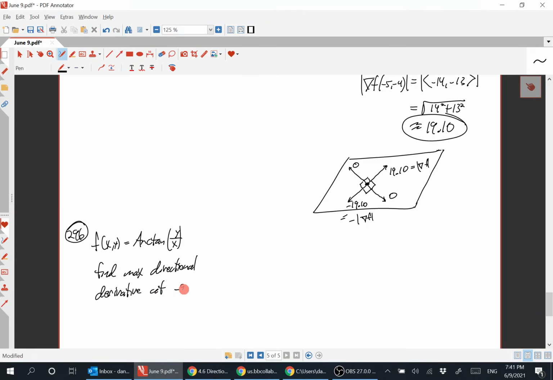Right, so the partial derivative of f with respect to x is the derivative of the outer function, 1 over 1 plus (y over x) squared, times the derivative of the inner function, negative y over x squared. Let's simplify this expression.